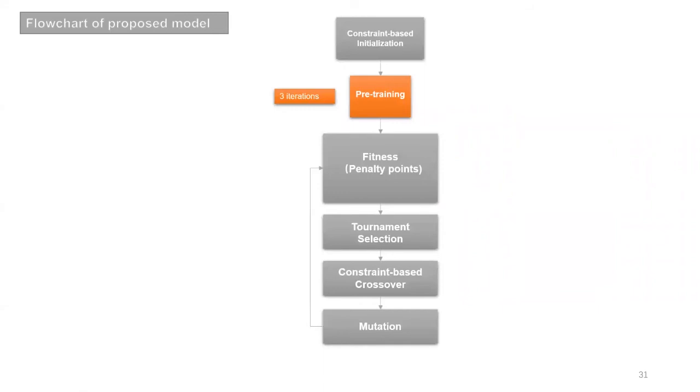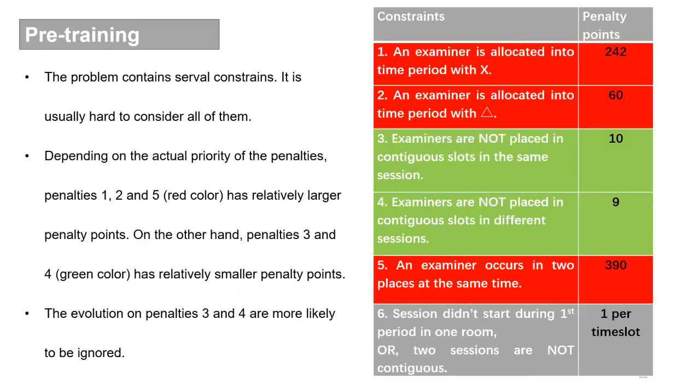So up to now, we have already built a basic genetic algorithm for the ETP problem. But during the research, we found that this algorithm does not work well. It usually outputs a result with a really high penalty. If we go back to the previous table, we have this constraint table here.